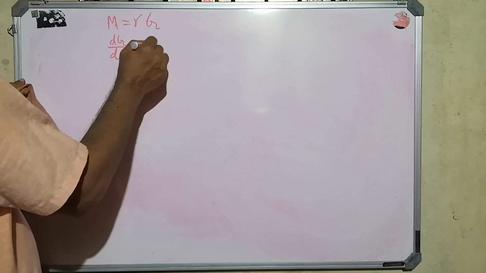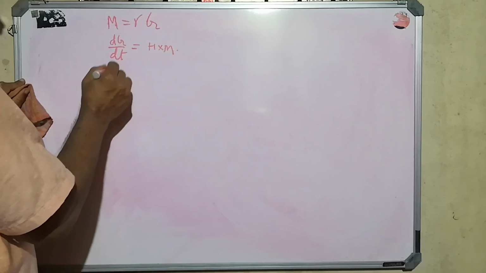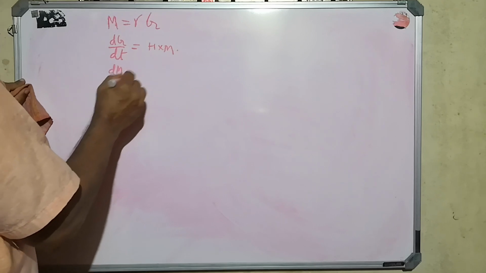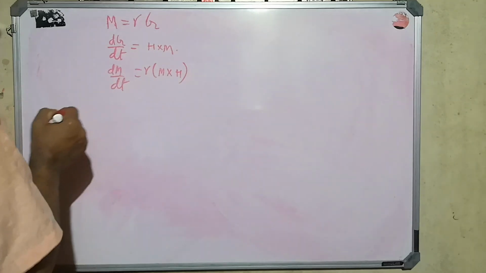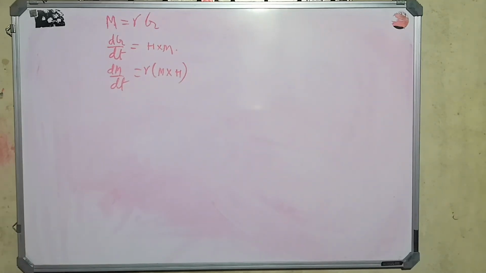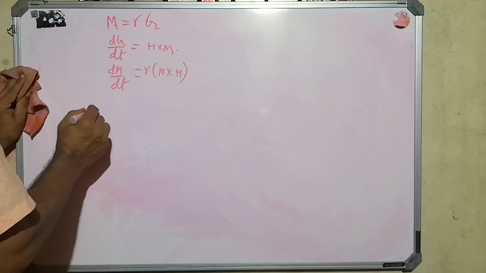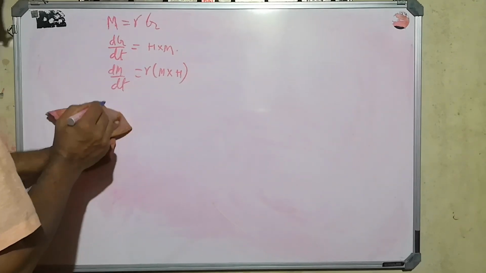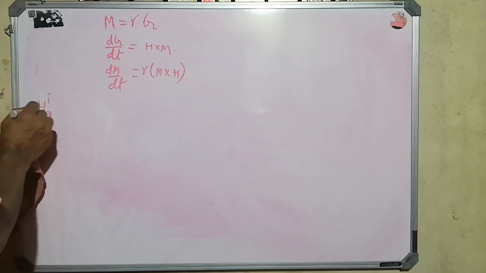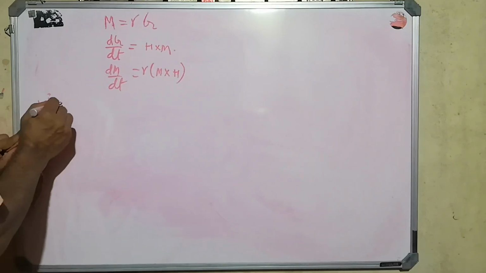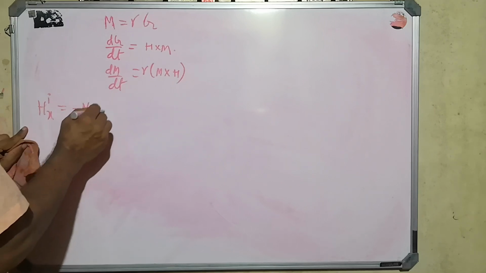dG by dt is equal to H cross M, then dM by dt is equal to gamma into M cross H. All steps are identical to this. Then the internal magnetic field along the x direction, I am writing Hxi, is equal to minus Nx into Mx.